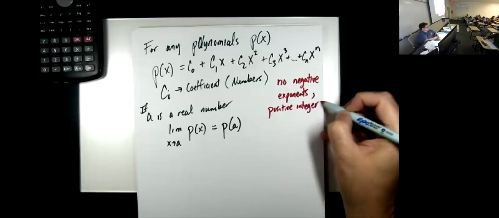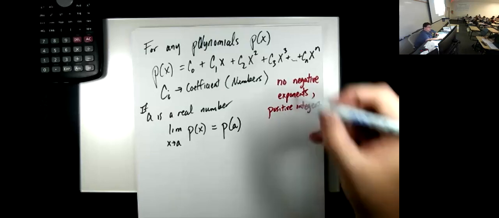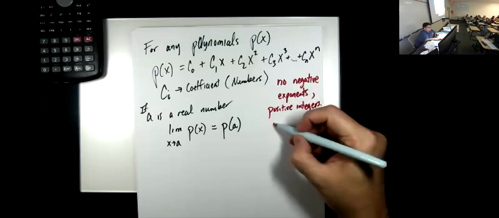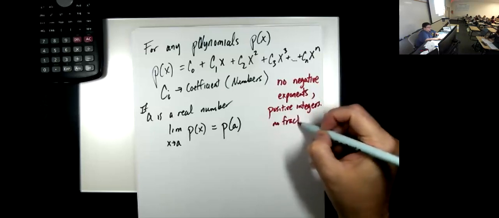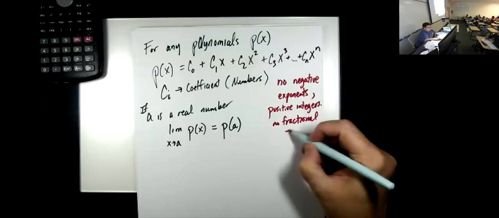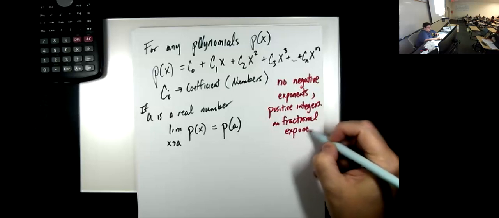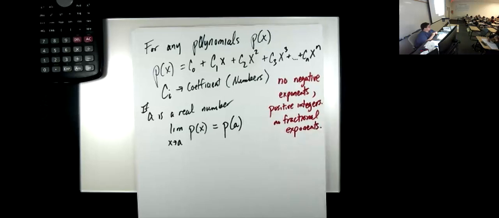You don't want fractions either. No negative exponents, no fractional exponents, I should say. The coefficients can be fractions. But if we have a fractional exponent like 1/2, that's like taking the square root of x, and we can't do that for negative numbers. So we want to do just positive integers.